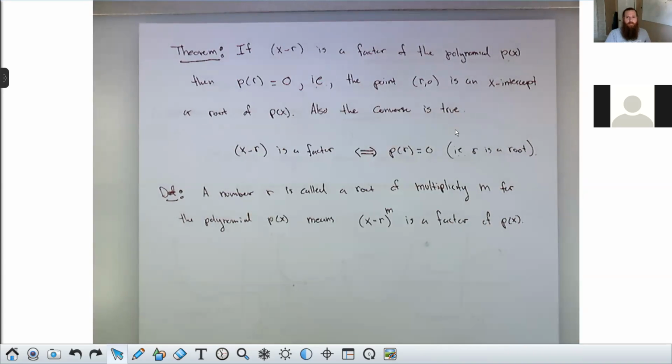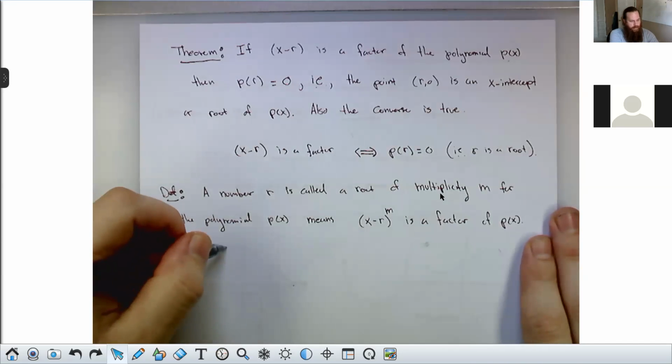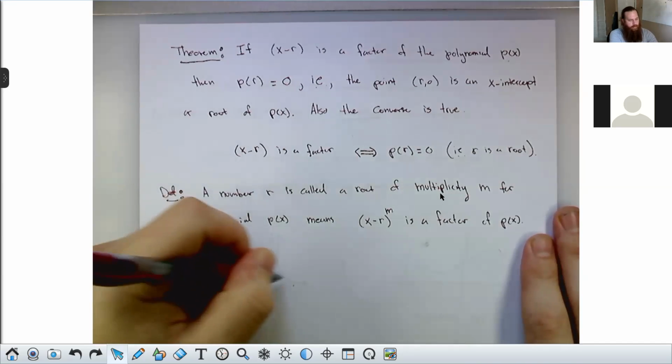And the multiplicity of a root tells you how the graph looks near the corresponding x-intercept. So remember, our goal here is to get to a place where we can draw graphs of these functions.